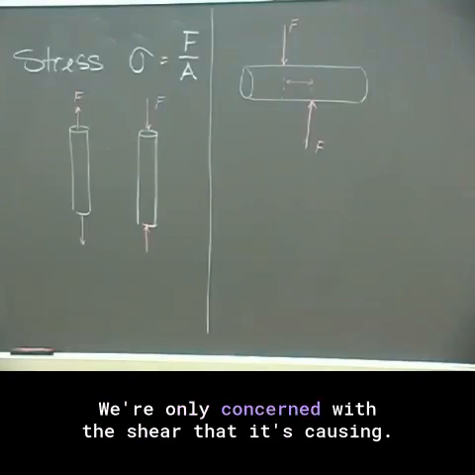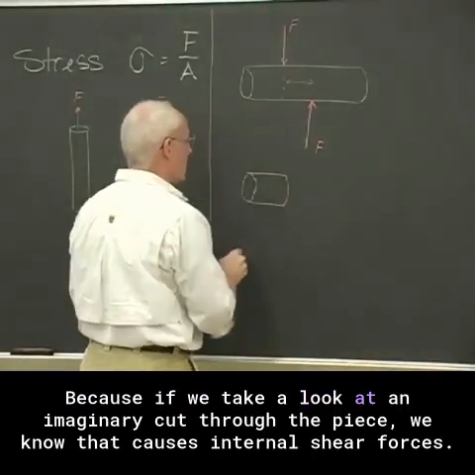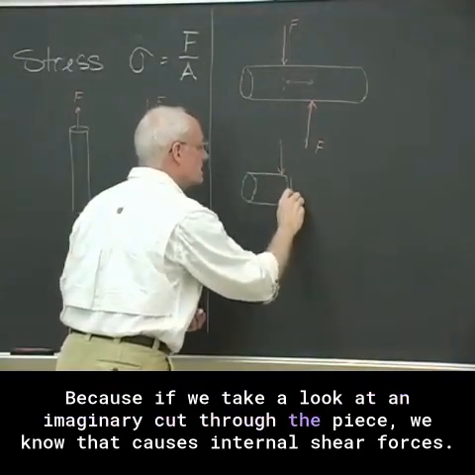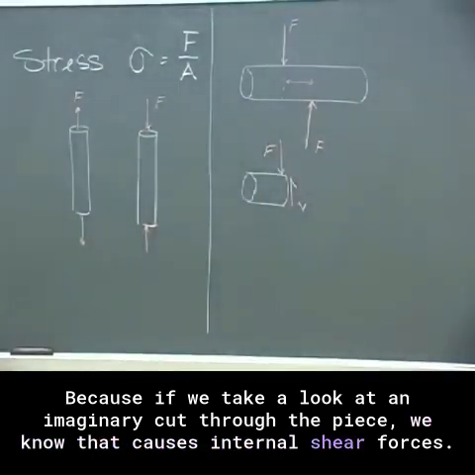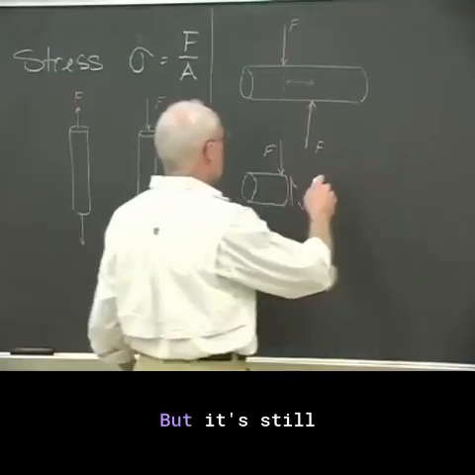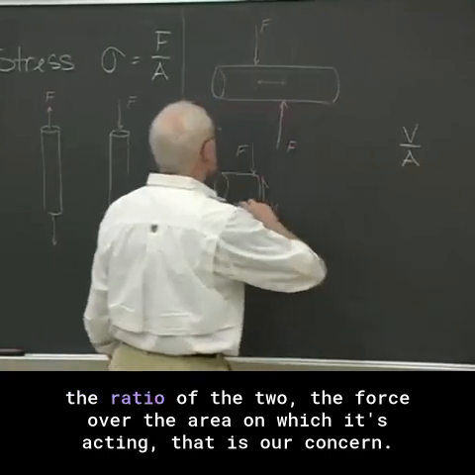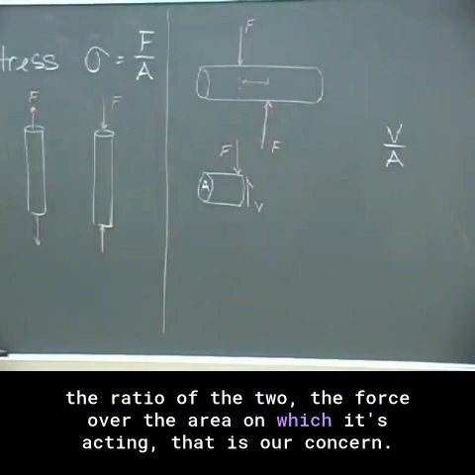We're only concerned with the shear that it's causing, because if we take a look at an imaginary cut through the piece, we know that causes shear forces, and that can cause a different type of damage, and it calls for a different response from the material itself, but it's still the ratio of the two, the force over the area on which it's acting, that is our concern.